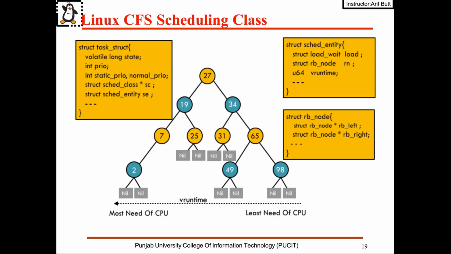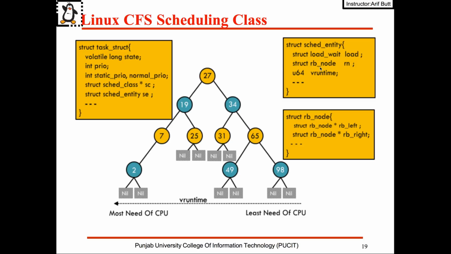It actually maintains a time-ordered red-black tree to manage the list of runnable processes. Every process task struct, as shown over here, has a member struct sched_entity. And the sched_entity structure further contains the structure rb_node over here to represent every node of the tree.